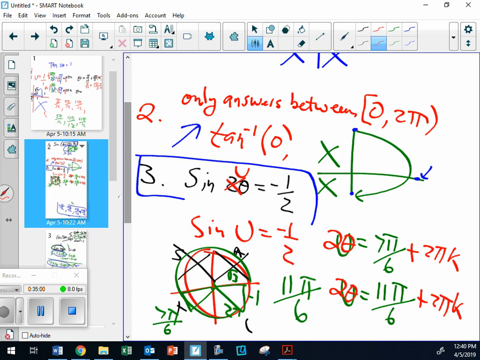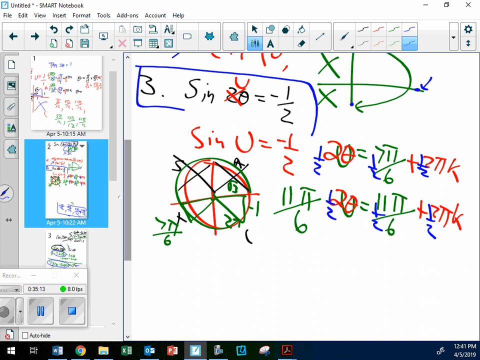We're going to now solve this thing and multiply everything by 1/2. And that brings us down to theta equals 11 pi over 12. 2 times 6 is 12.